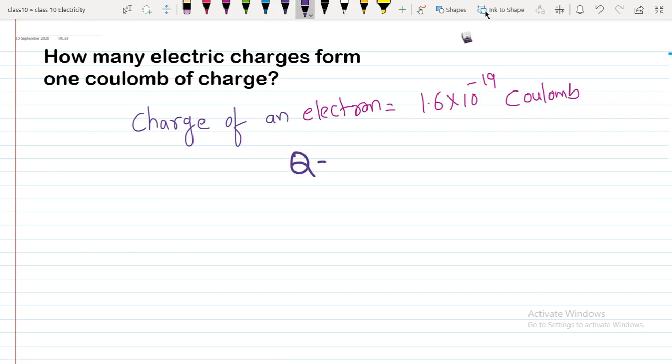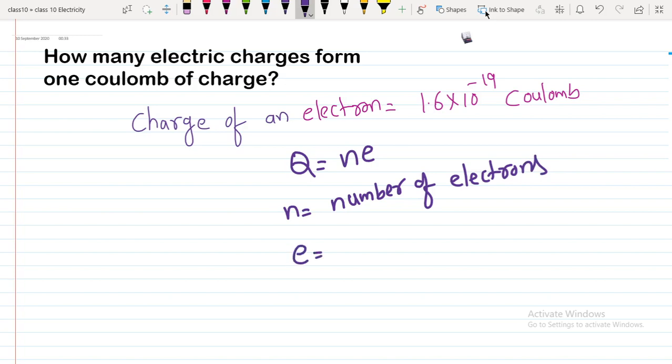Charge Q equal to N e. Here N equal to the number of electrons, and e equal to the charge of an electron. So this is one more formula I am giving today, the charge and electron relation. So Q equal to N e.